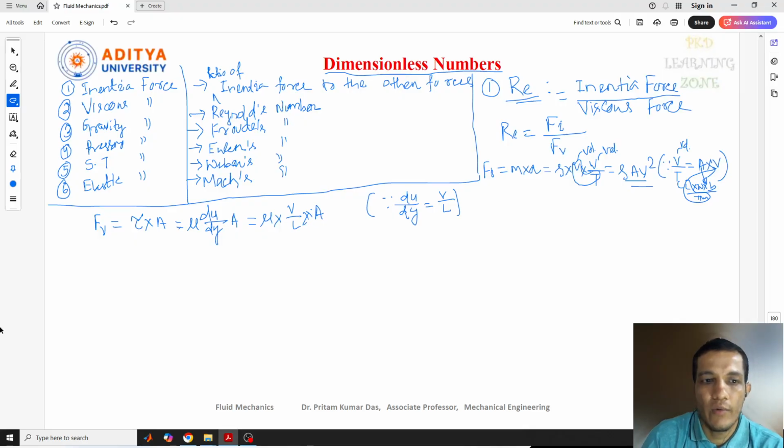Now what is our formula? We know that Reynolds number, as per the formula, is the inertia force, that is rho into A into V square, divided by mu into du by dl, that is nothing but v by L into area.